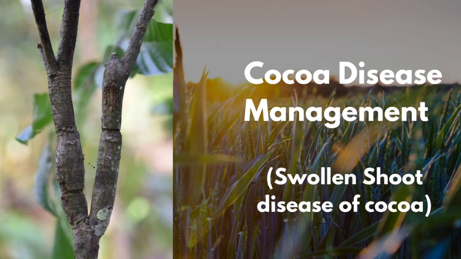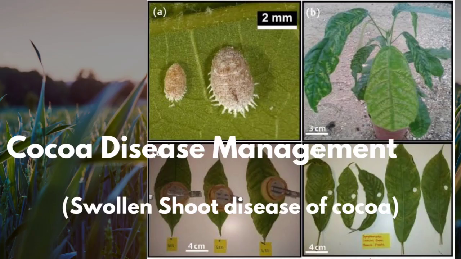Then the next one is the swollen shoot disease of cocoa. It is caused by a virus, and the virus is transmitted by the mealybug. So the mealybug is in the picture as you can see. The mealybug serves as a vector for this virus that causes swollen shoot disease of cocoa.